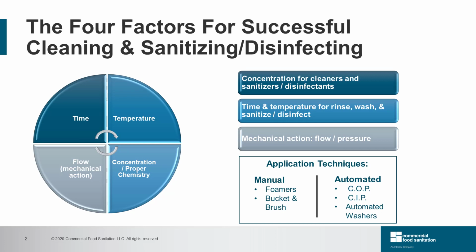Automated cleaning includes using a COP tank, which is clean out of place, inline cleaning by CIP, which is clean in place, or using automated washers, such as pan washers.